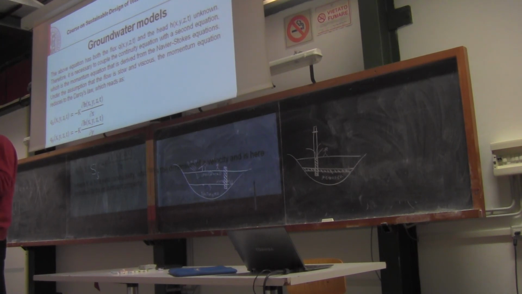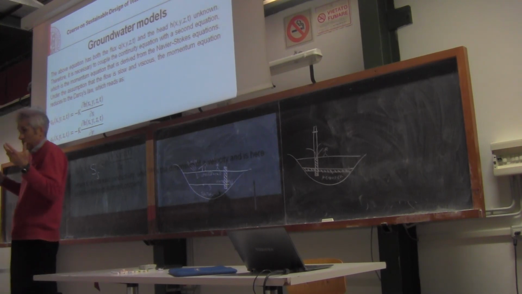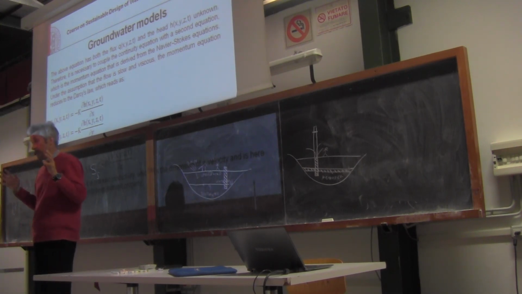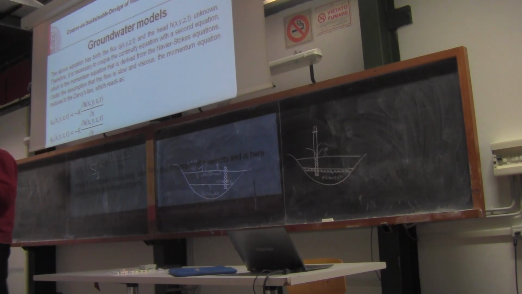Storage is a synonym of energy, because storage, if you remember, is a level. In our linear reservoir, it's a level, so it's similar to an energy. So we are looking for a relationship that relates, again, flow with energy.